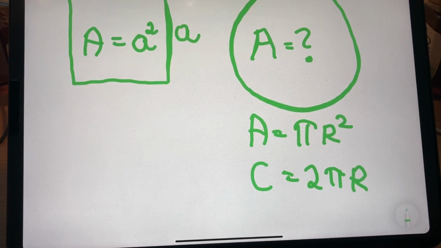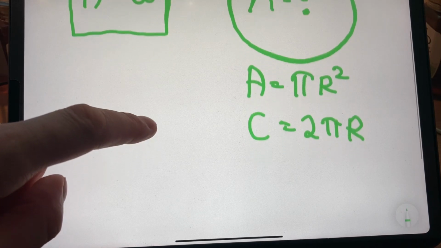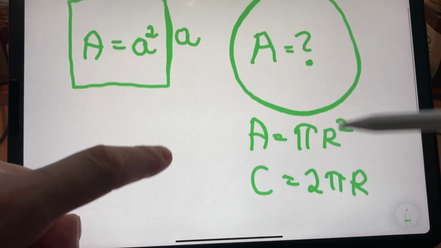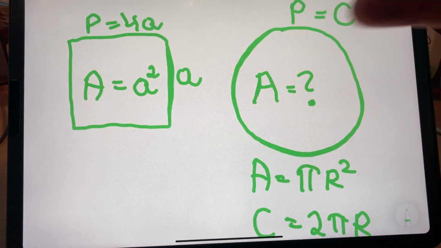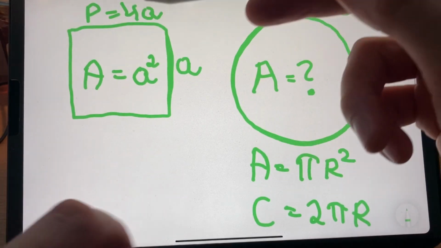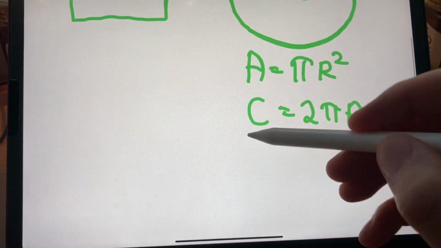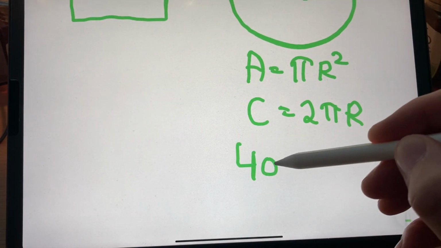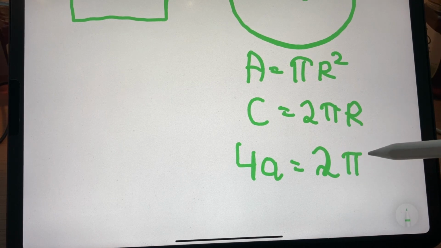Okay, so now we've got the formulas, and we can easily find out what the difference in the areas is. Because we have the same perimeter, we can set them equal. 4a is the total perimeter, so 4a equals 2 pi r.